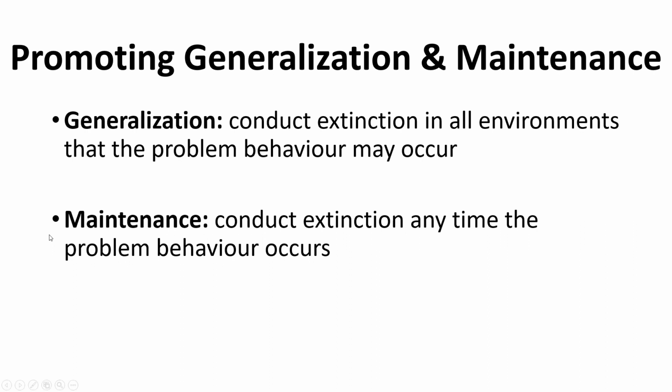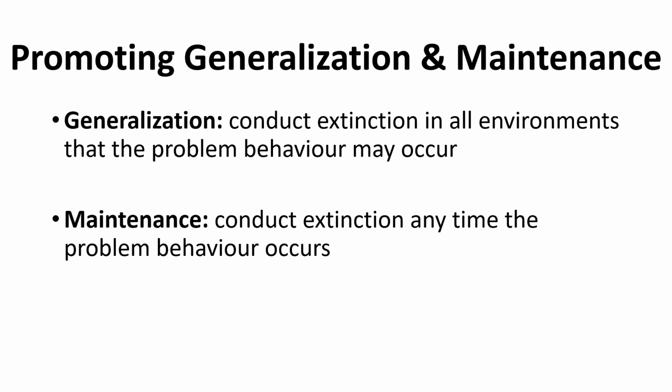For maintenance, this is the idea of keeping that extinction ongoing to make sure it doesn't reoccur, to make sure there's no spontaneous recovery. And to do that, you just conduct extinction anytime the problem behavior reoccurs. So if a behavior was extinguished and then a couple of days later they start doing it again, you would just continue with the extinction procedure.